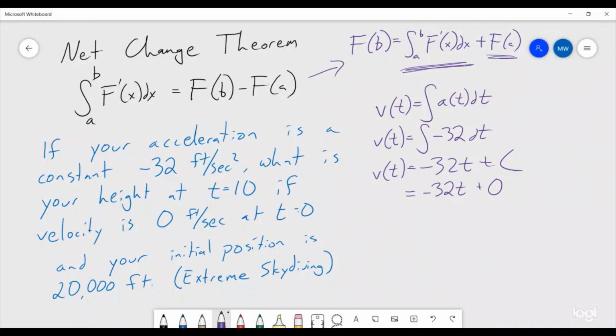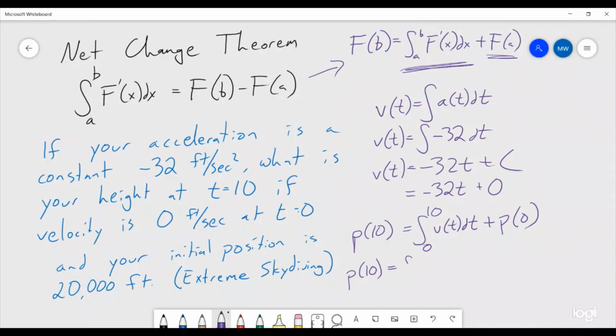So in this case, our position at time 10 is going to be the integral from when we started, t equals 0, to when we stopped, t equals 10, of the derivative of position, that's just our velocity, plus our position at 0 when we start. So we can go through and figure out all these different pieces.